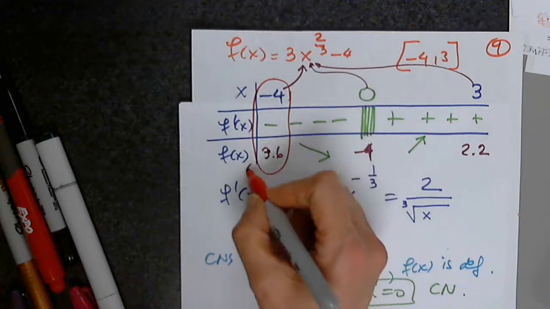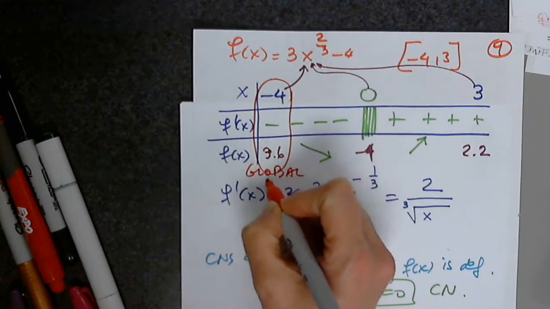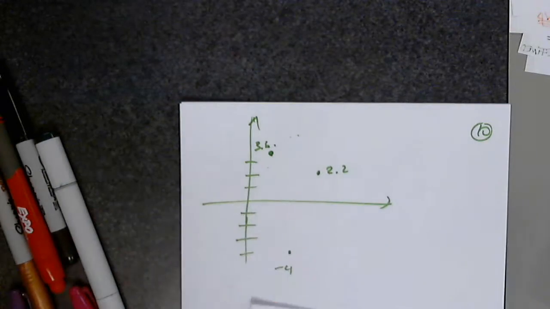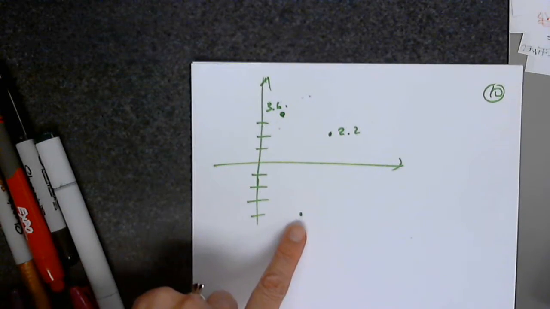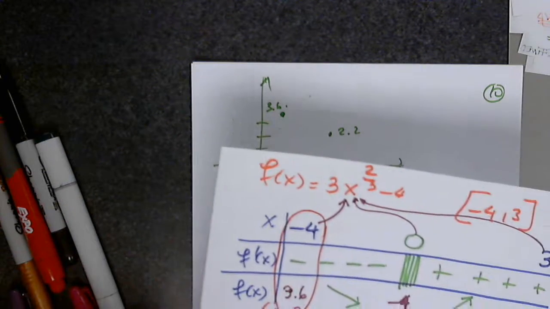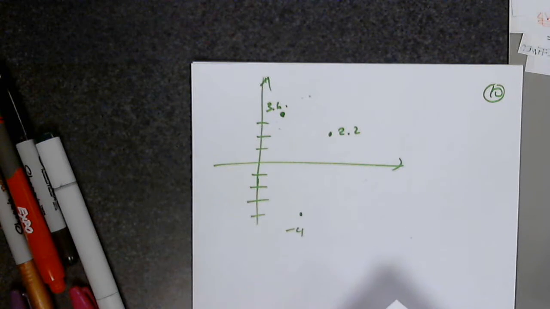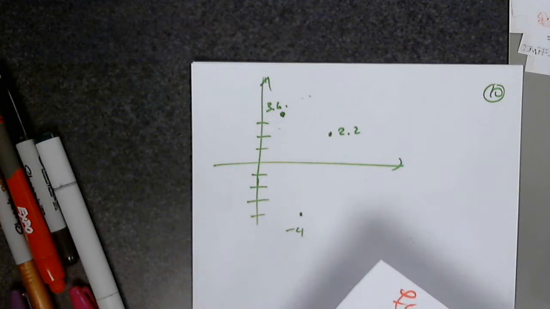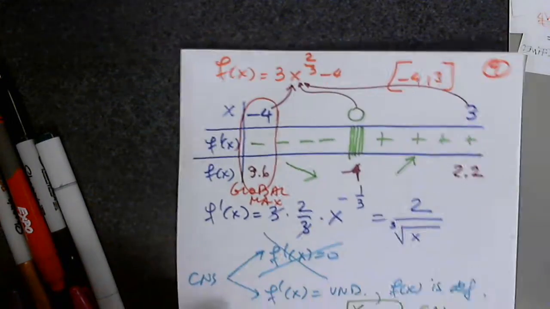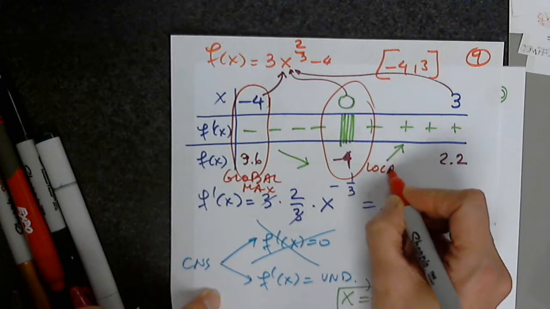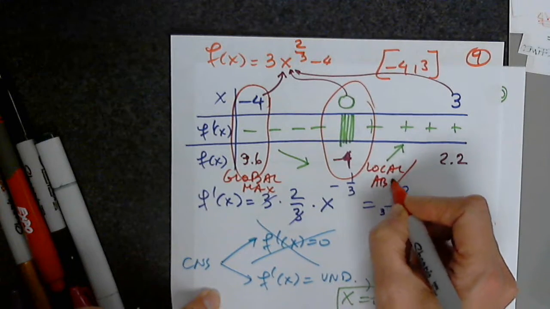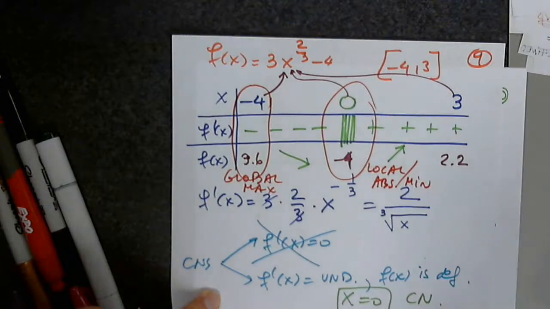Yes. So this point is a global max. What can you say about 0, -4, which is this point? Local minimum, I agree, and also absolute or global, yes. So this point, 0, -4, is a local and absolute min.